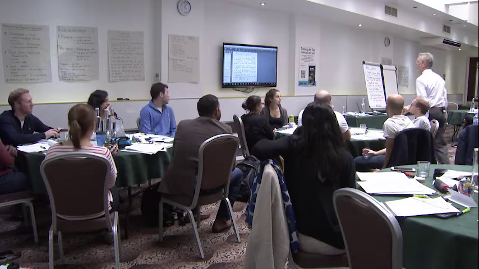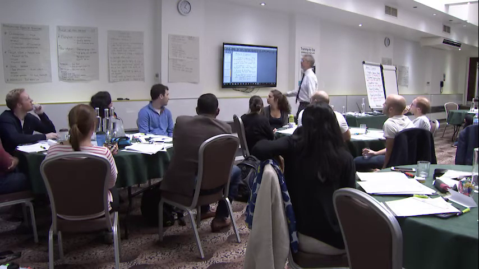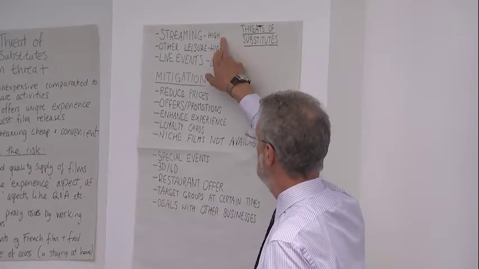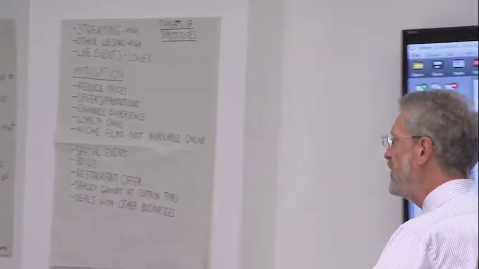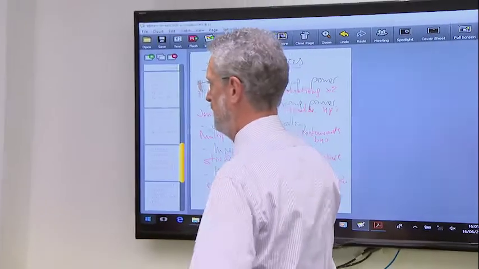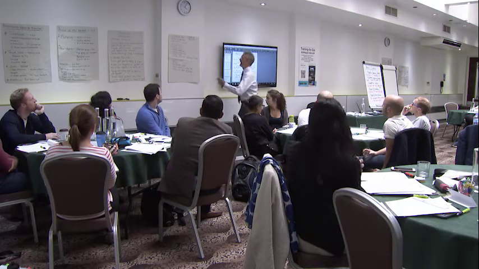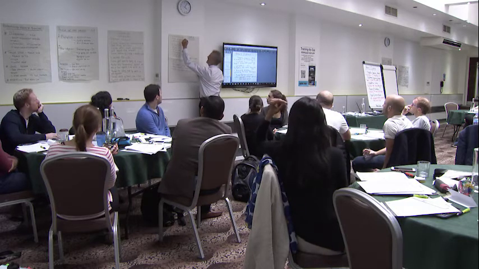Let's just have a look at a couple of the differences here. So, streaming. Where are you going to be when you watch streamed? So I think a lot of the time, home. Okay, so this is home.